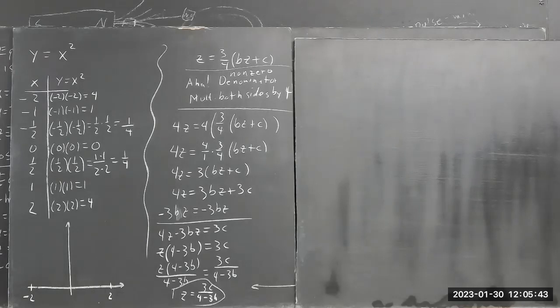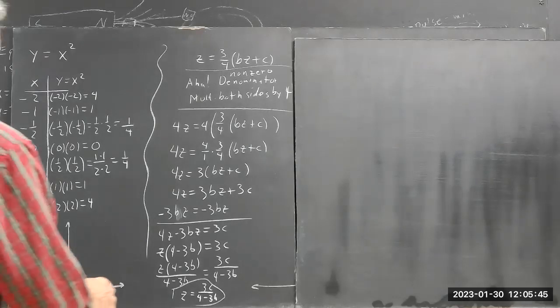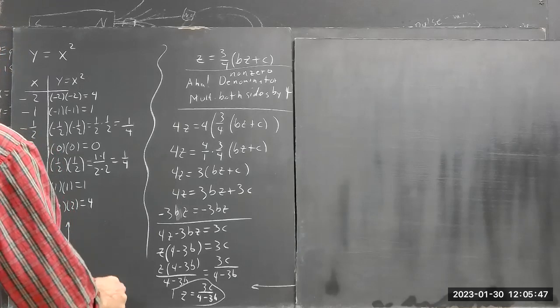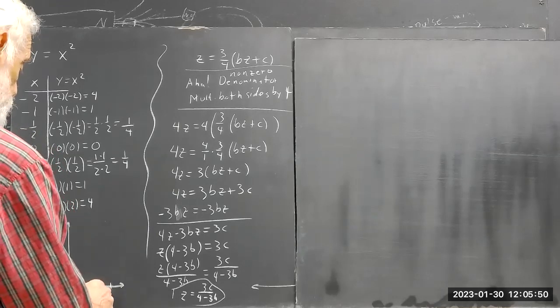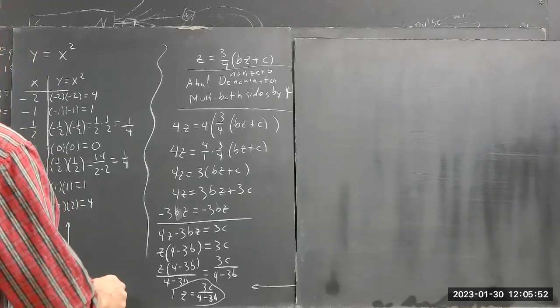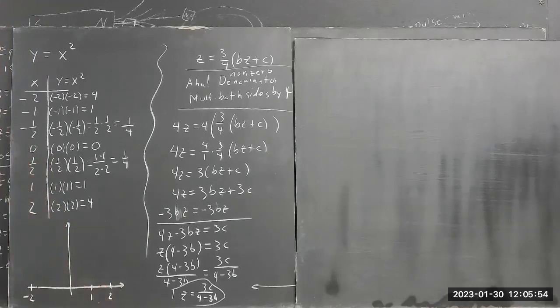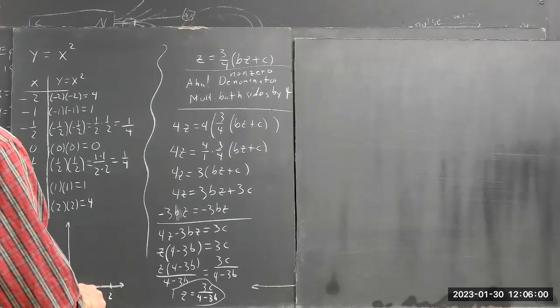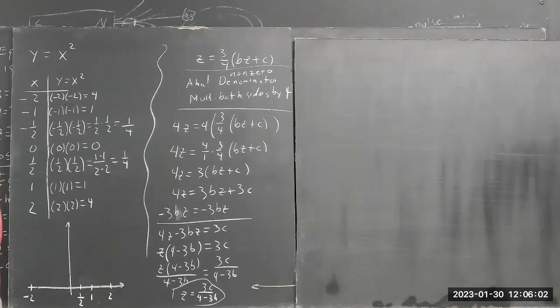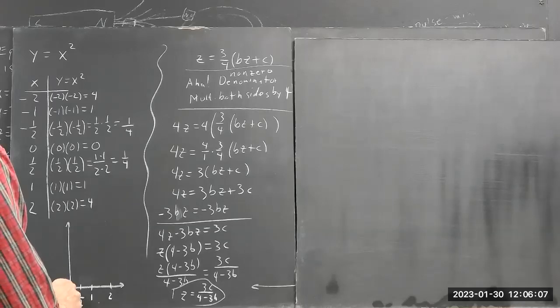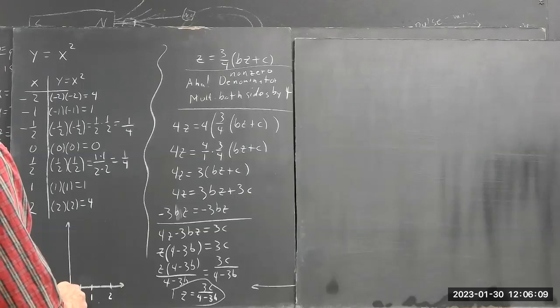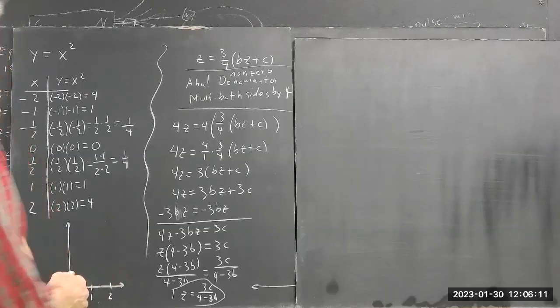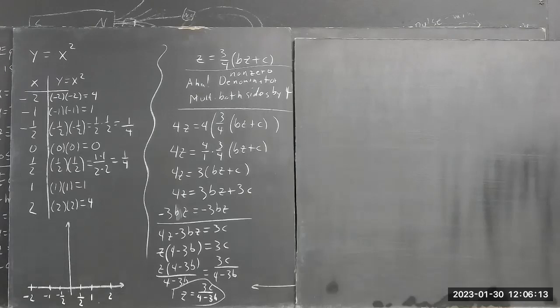Now to mark off a graph, I'm going to divide the interval from 0 to 2 in half, that tells me where 1 ought to go. And if I divide that in half, that tells me where 1/2 ought to be. And then I can do the same thing on the left side.